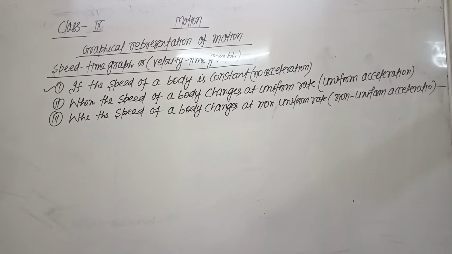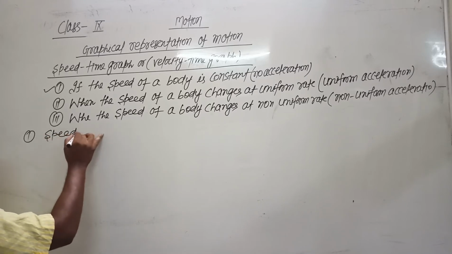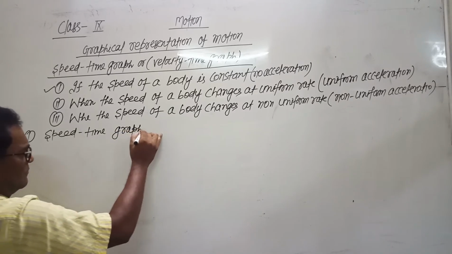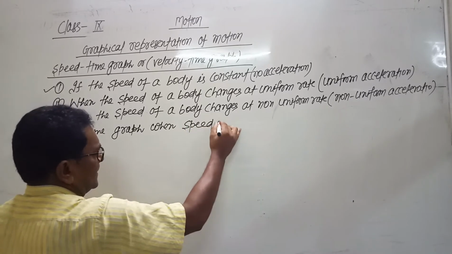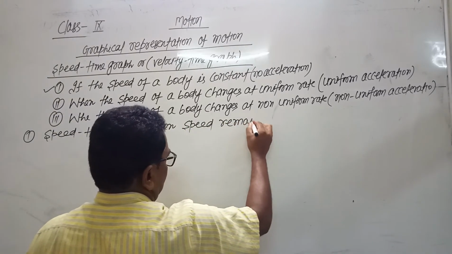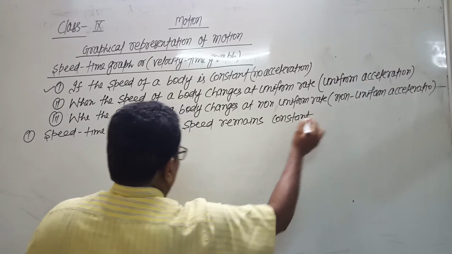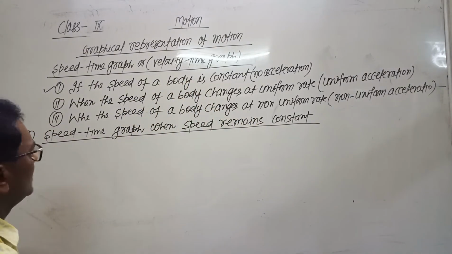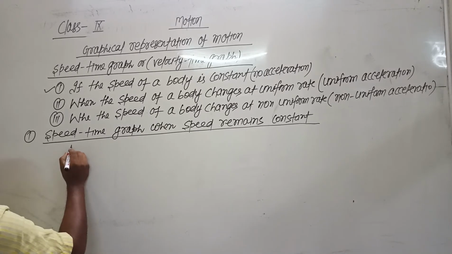So first we will see a speed time graph when the speed remains constant. We are going to discuss the first case, a speed time graph when the speed remains constant.